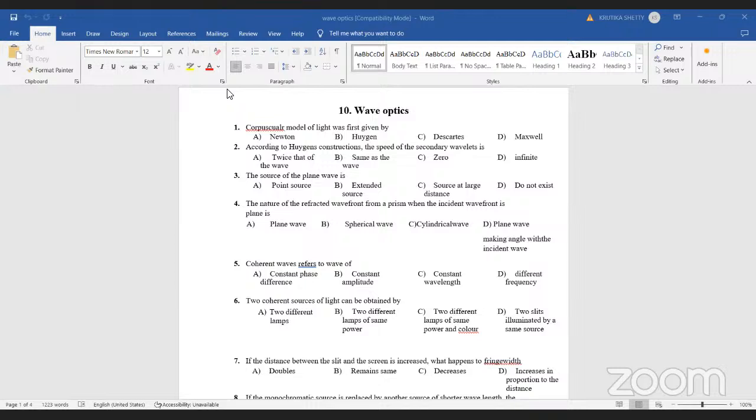Corpuscular model of light was first given by Newton, Huygens, Descartes, Maxwell. Yes, corpuscular theory ಯಾರು ಹೇಳಿದ್ದು ಮೊದಲು? Who discovered this?